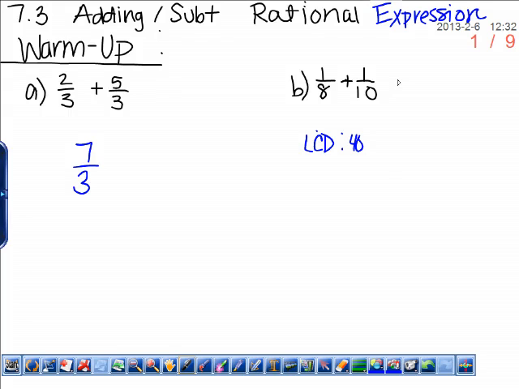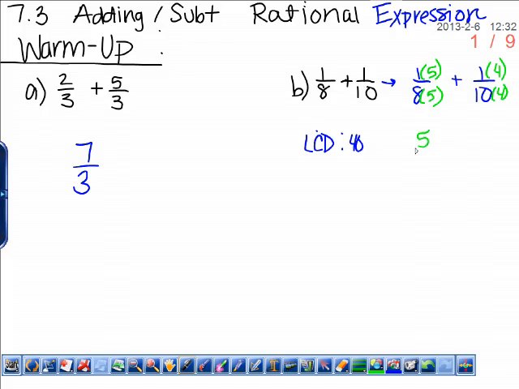Okay? So the way I'm going to do this is I'm going to rewrite what I have, 1 over 8 plus 1 over 10. And then I'm going to think about, what do I have to multiply 8 by to get 40? And whatever I do on the bottom, I have to do on top. What do I have to multiply 10 by to get 40? 4. Whatever I do on bottom, I have to do on top.